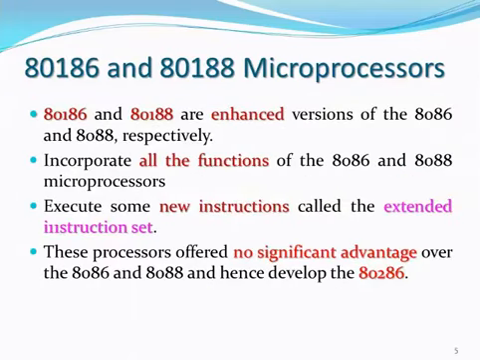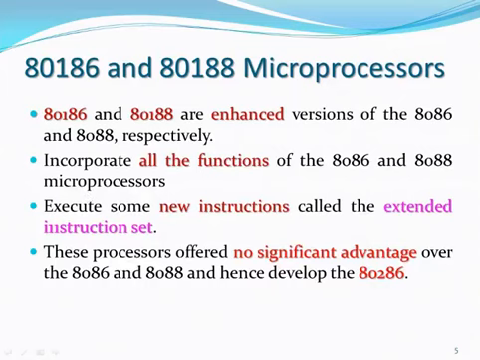Now let's have a look at how the time is changing, or the jump they are taking from the 8086 and 8088 to the 80186 and 188. So that is the thing you are going to look at here. They are saying that the 186 and 188 are enhanced versions of the 8086 and 8088. Enhanced version.